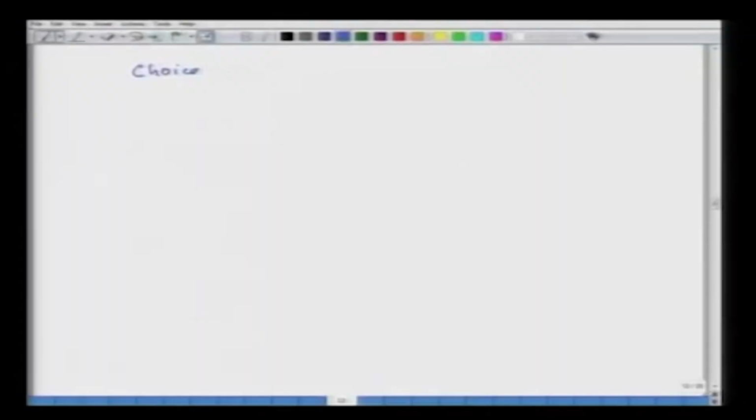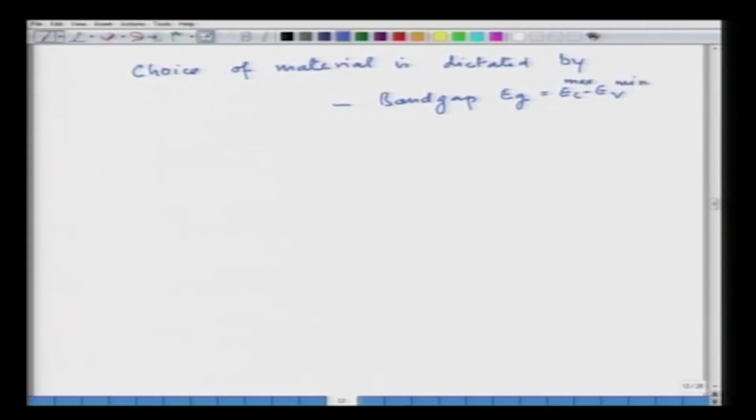The choice for material is dictated by its electronic structure. The band gap Eg, which is basically the difference between the conduction band minima and the valence band maxima.